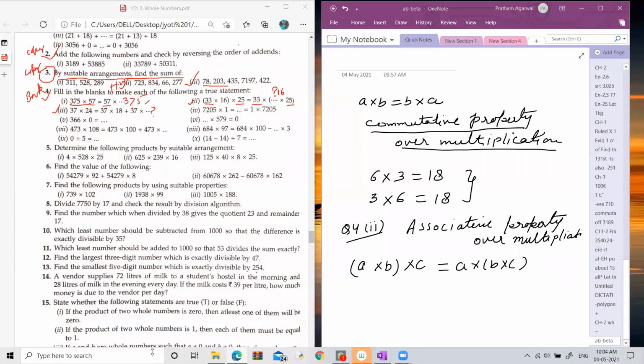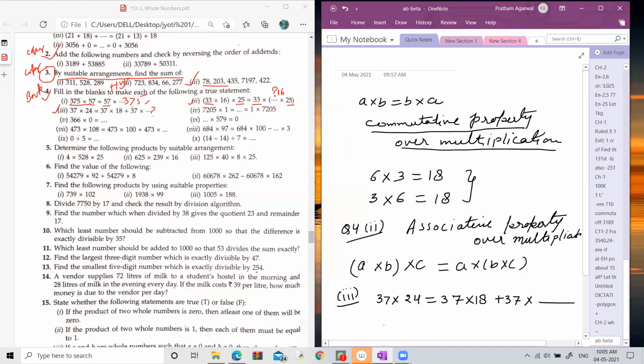Charu Bishnoi, kindly unmute yourself, beta. Now, which property do we have to apply here to make both sides equal? Third part is 37 into 24 equals 37 into 18 plus 37 into dash.